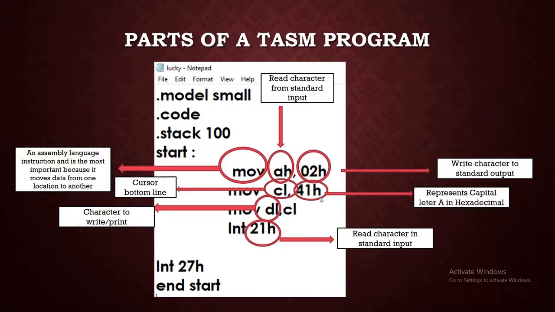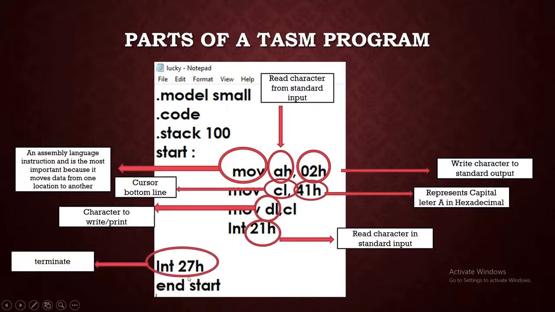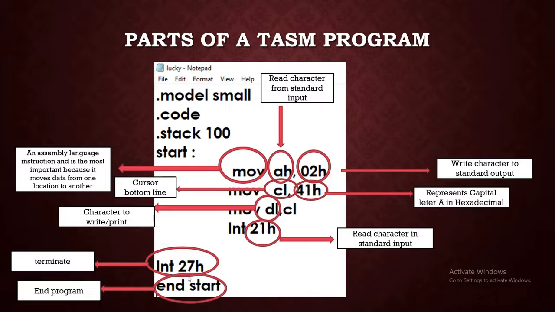Okay, so those are the different parts of a TASM program, and I forgot to mention the last two lines. The int 27H will be for termination, and then the end start will be the end of the program. So that is the complete parts of a TASM program.